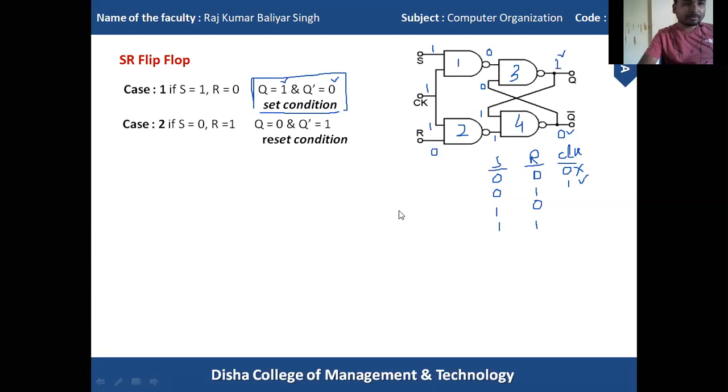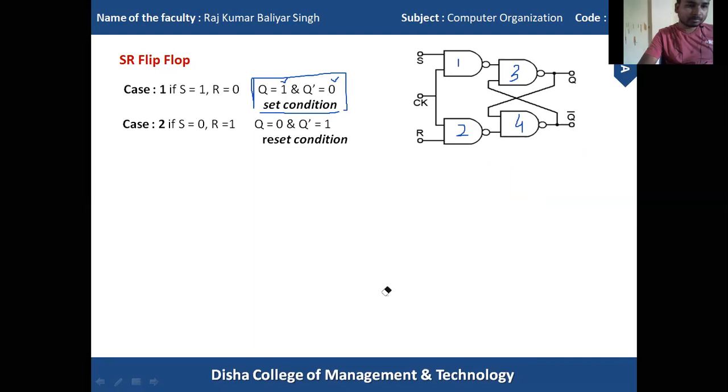Okay, for the second case, just wait a minute, let me erase everything. Okay, for the second case, S equals 0 and R equals 1.